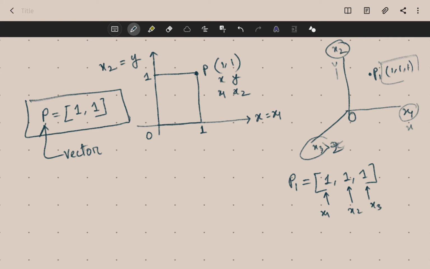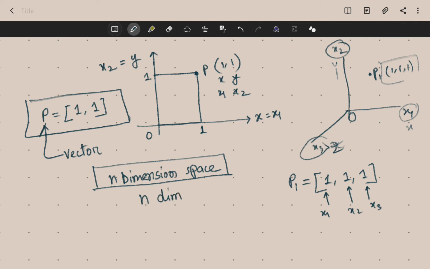In that way we can extend this to n-dimensional space. One point can be described through a vector with n dimensions, right? Suppose I have n dimensions. To describe a point in n dimensions, how many components will we need?